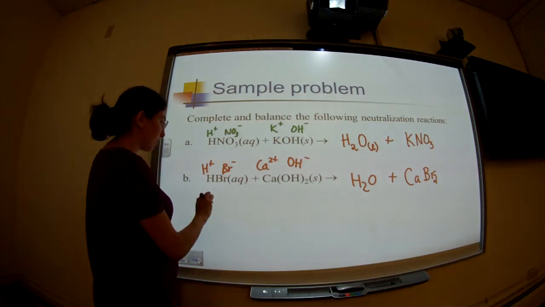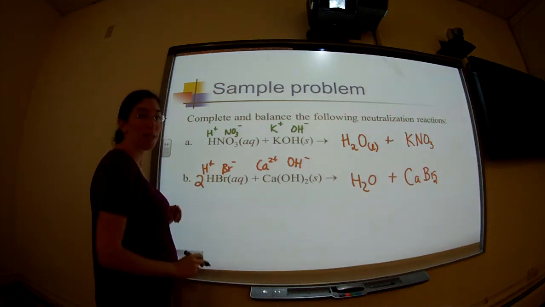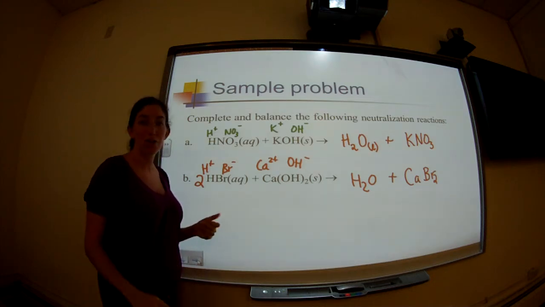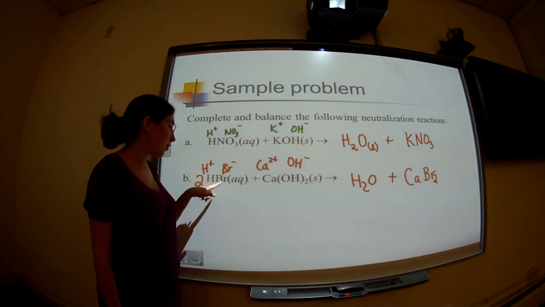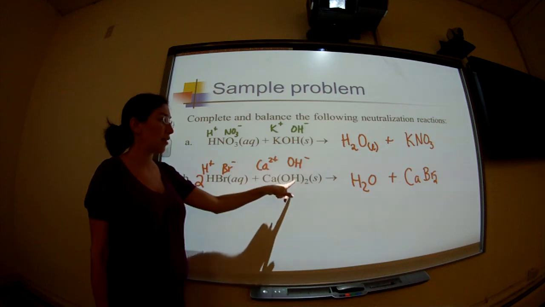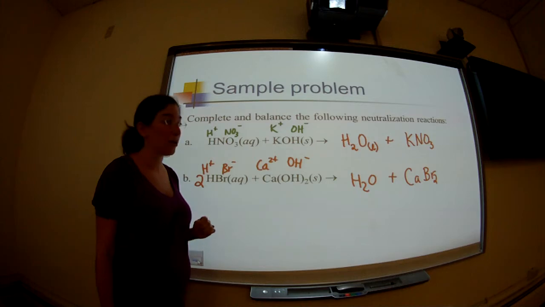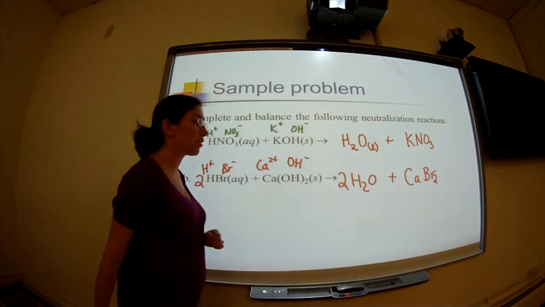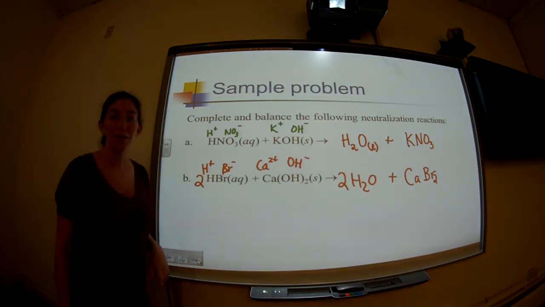We need to multiply this one by 2 because we need to have 2 bromines on this side. But I should recant my last statement about the water, because if we did 2 bromines here, now we have 2 hydrogens plus 2 hydrogens here is 4 hydrogens. So now we're going to have to double the number of waters, so we have 4 hydrogens on both sides. Oh, I counted wrong before.